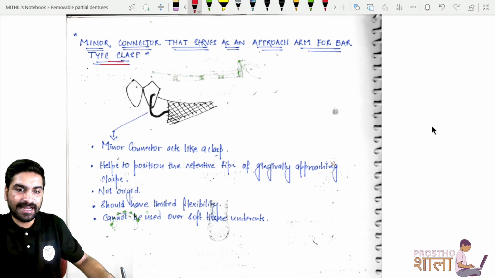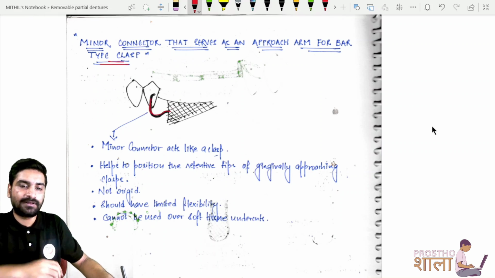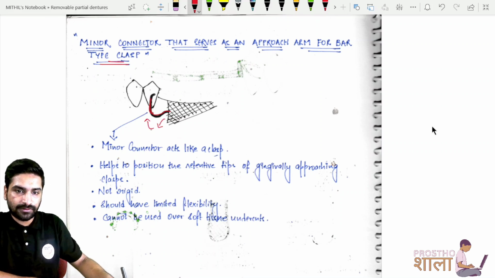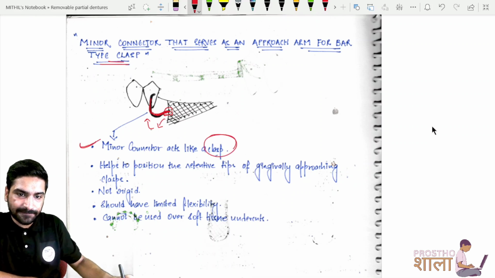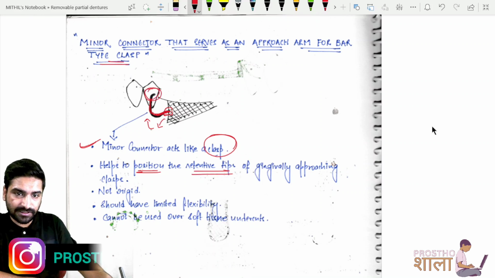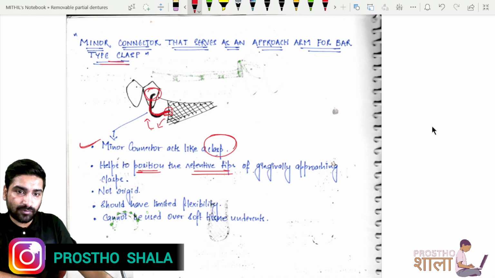Now when we study direct retainers, we have I bar, Y bar, all types of bar type clasp, where the approach arm goes gingivally first, turns upwards and goes occlusally. So this junction between the denture base and this metal clasp assembly is also a type of retainer. This minor connector also acts as a clasp assembly because it helps to position the retentive tip of the clasp, or the gingivally approaching clasp, more properly.